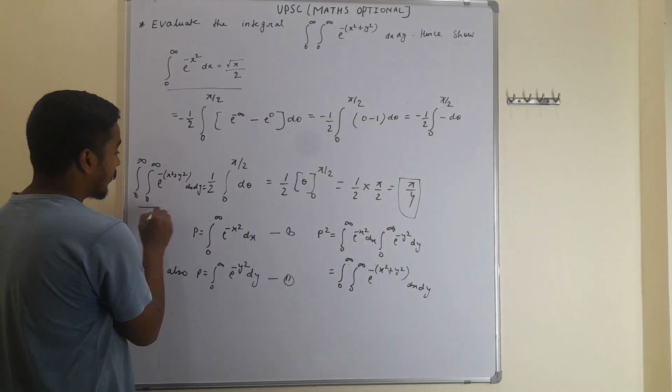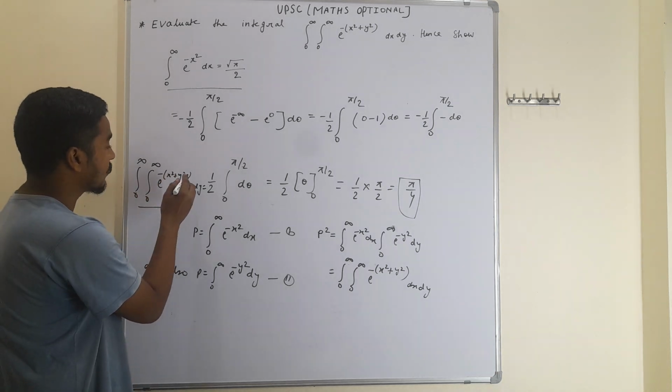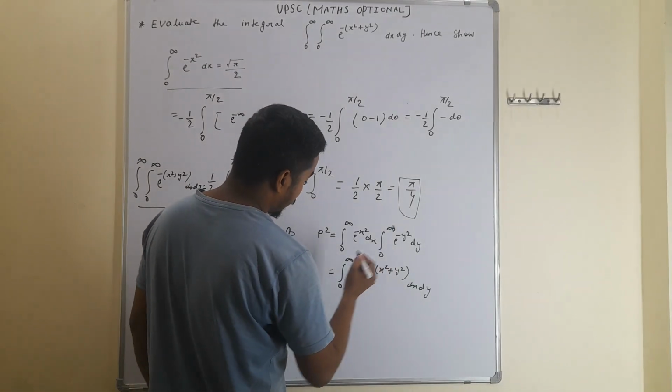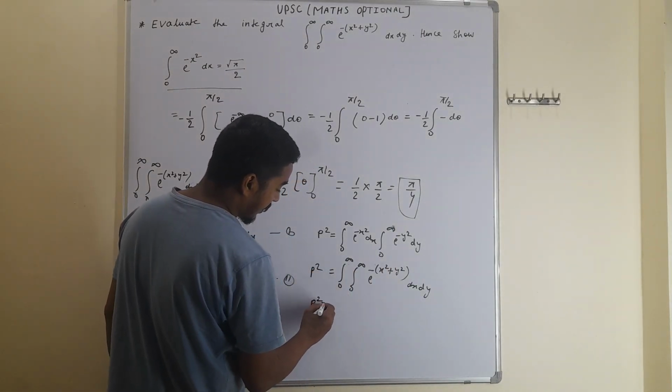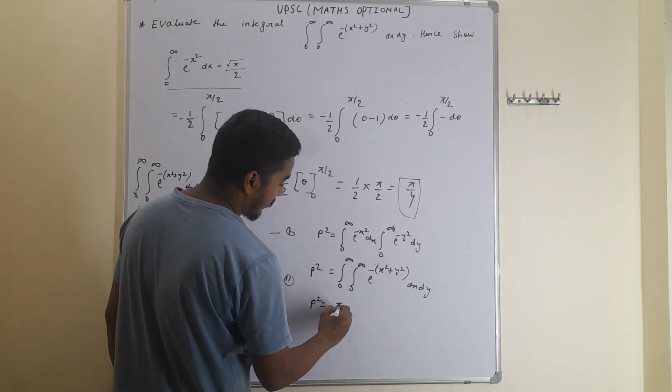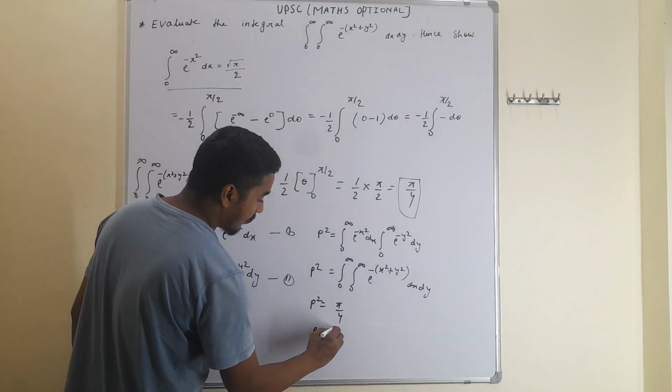From here, 0 to infinity and 0 to infinity of e to the power minus (x square plus y square) dx dy is pi by 4. So putting here, p square is equal to pi by 4, then p is equal to root pi by 2.